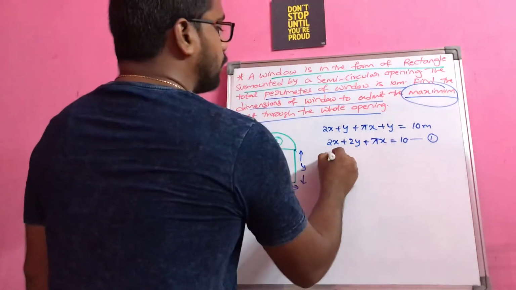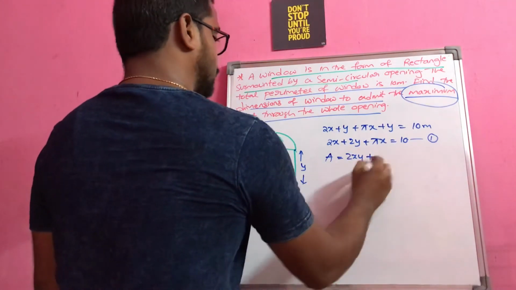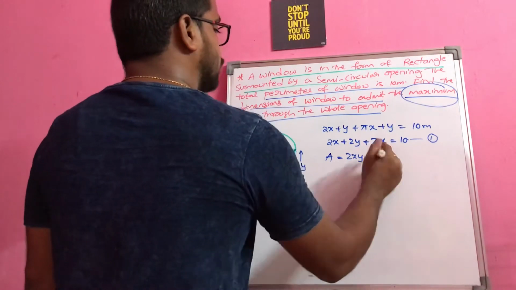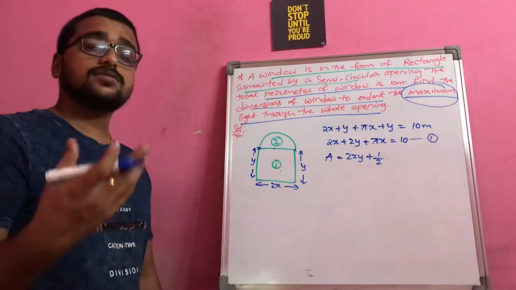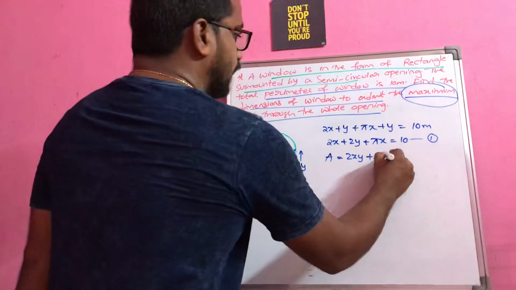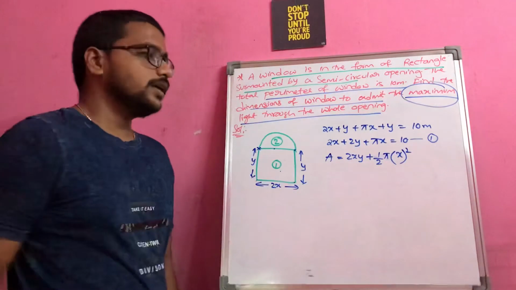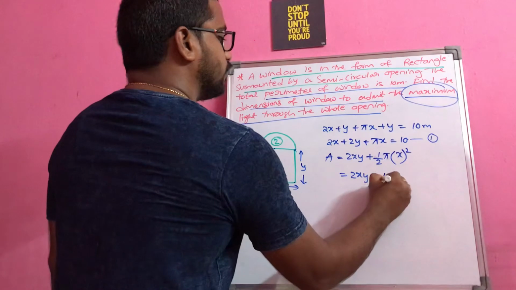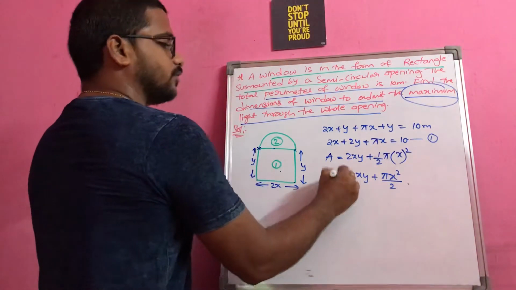So my function is area, that is L into B plus half into pi r square, because area of semicircle is half pi r square, since area of circle is pi r square. So pi into x whole square. So this is equal to 2xy plus pi x square by 2, the required function for me.